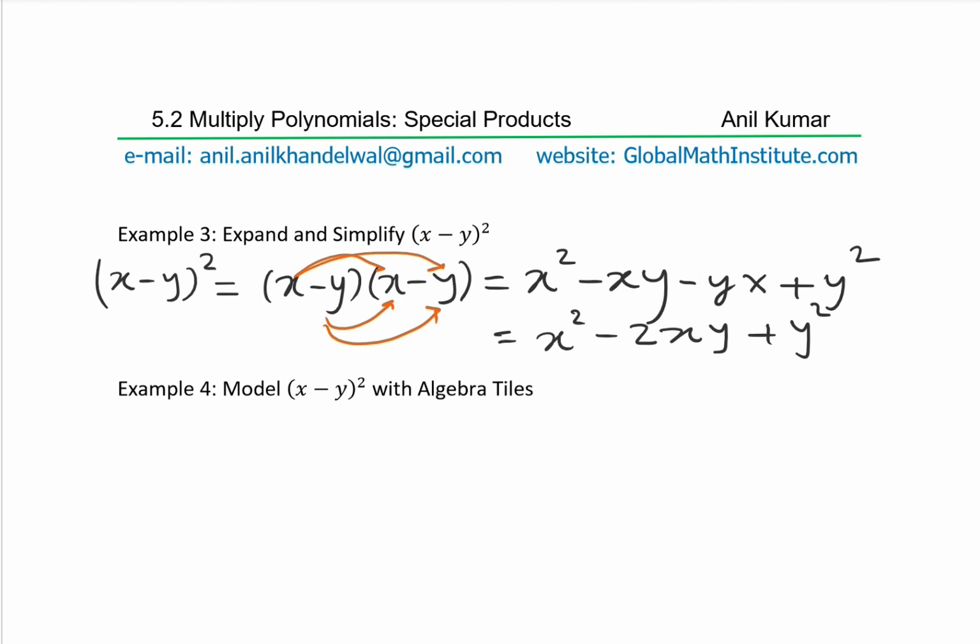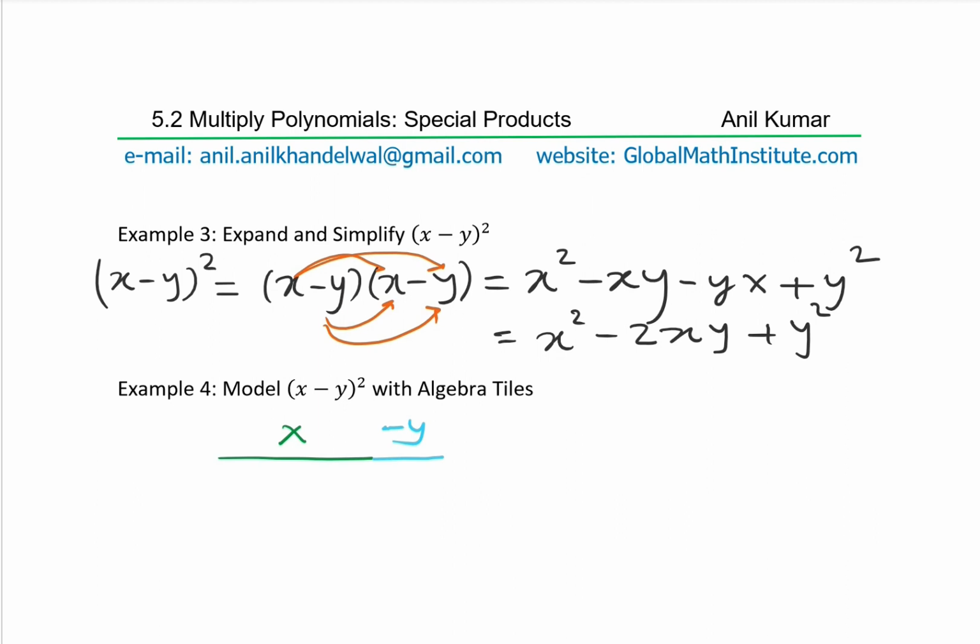Perfect. Let us model this with algebraic tiles. Now we have a negative number, so in that case, we'll take positive numbers with green color. Let's say this is green, which is x for us, and minus y will take blue. So let's say this is blue, which is minus y for us.